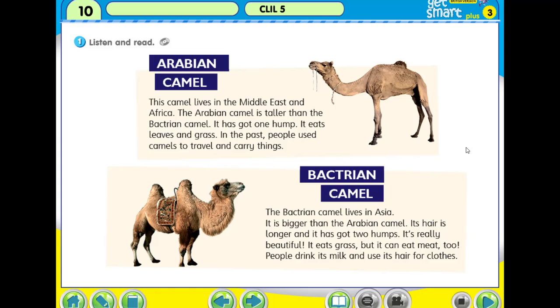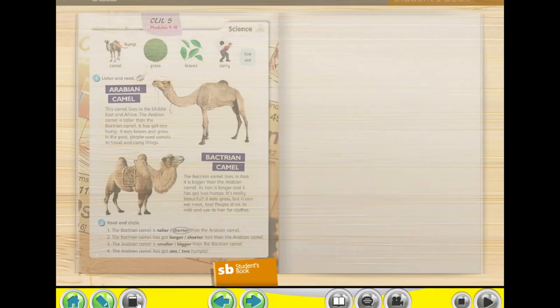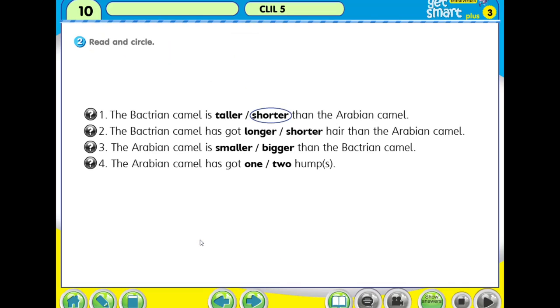Okay, now we proceed to the next activity. It says here, read and circle. Activity 2, read and circle. Number 1, the Bactrian camel is taller, shorter than the Arabian camel. The answer should be shorter.